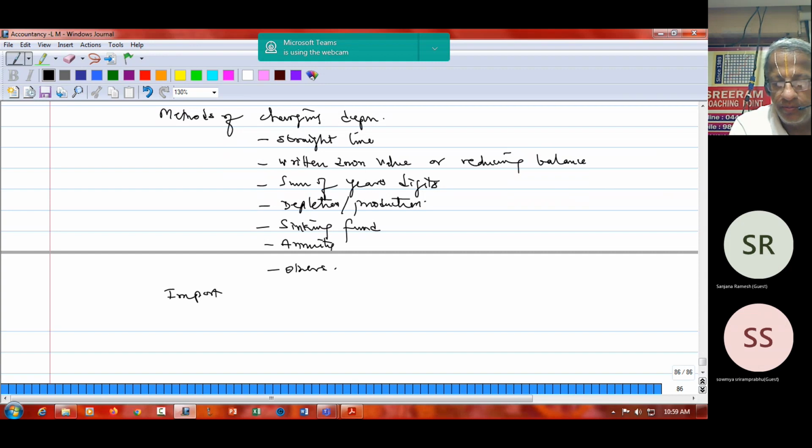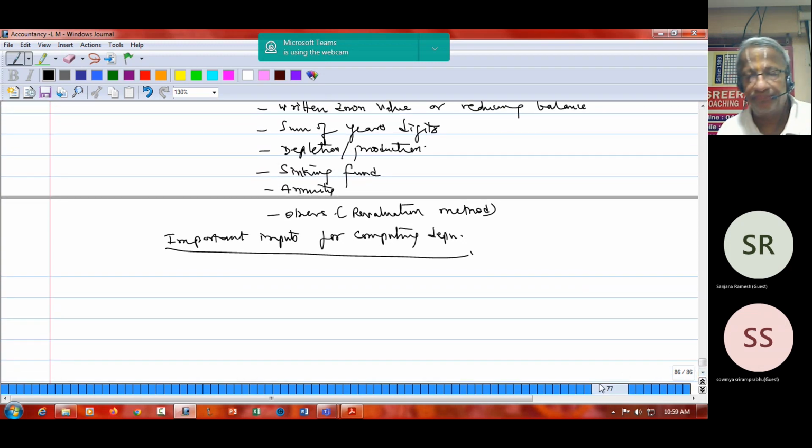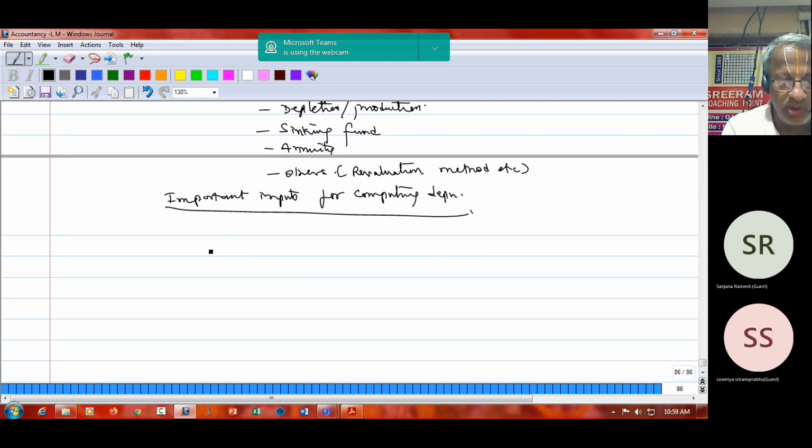Important inputs for computing depreciation. Others would mean revaluation method, etc. Important inputs for computing depreciation. Number one, cost.